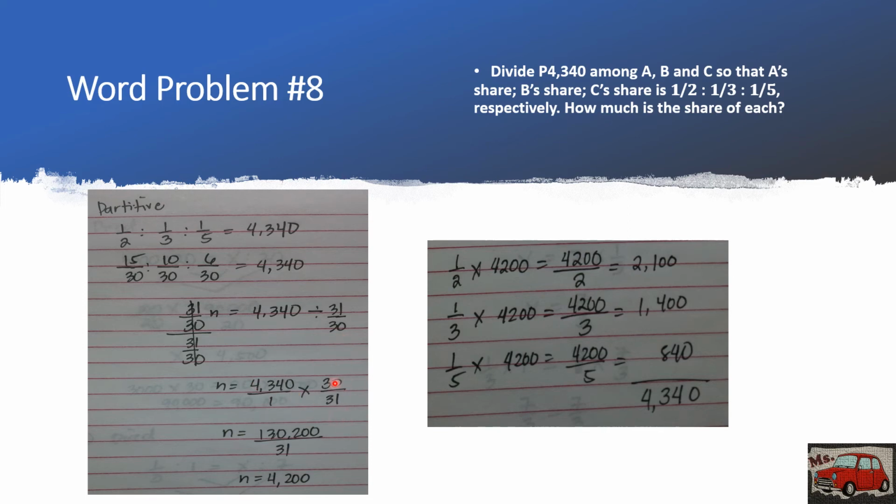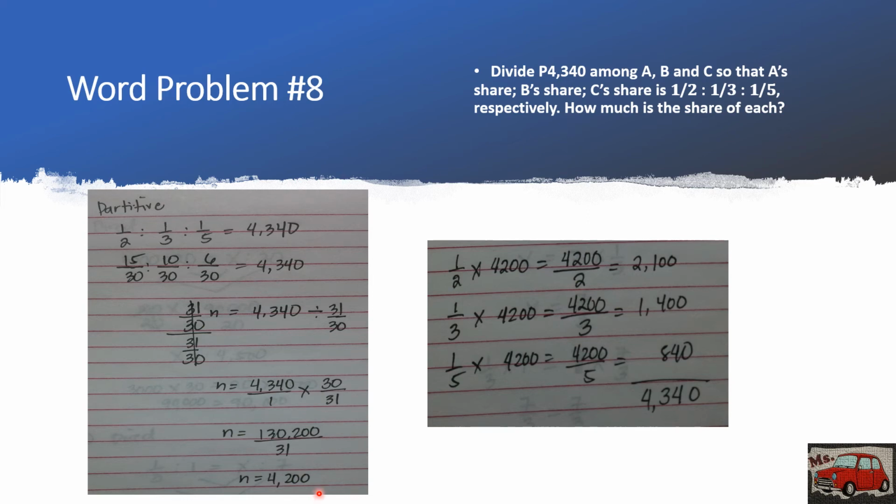Okay? Then, let's multiply the numerators and denominators. And the answer is 130,200 over 31. And when you simplify that fraction, n equals 4,200.